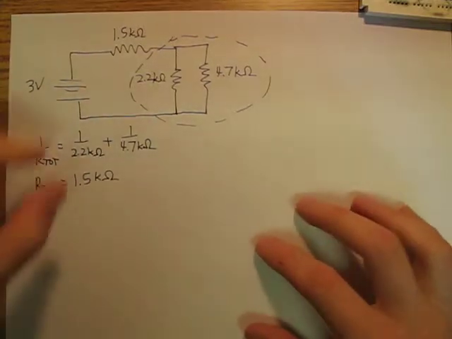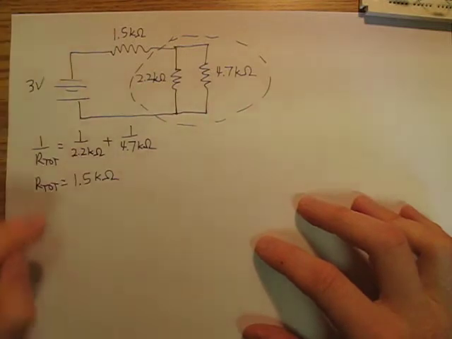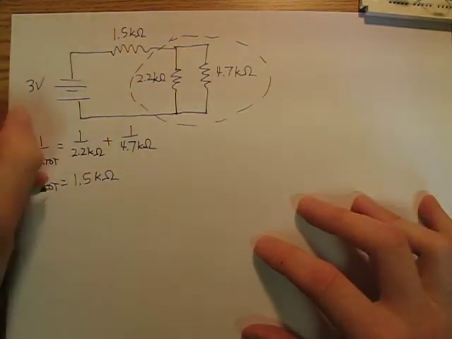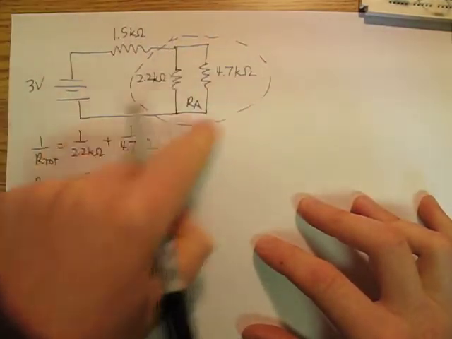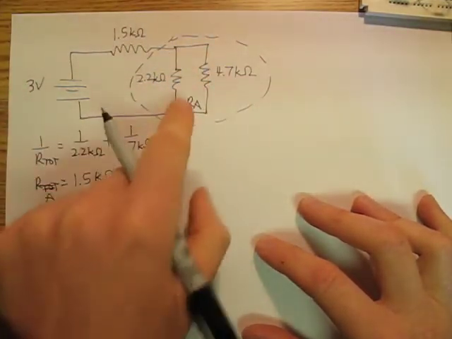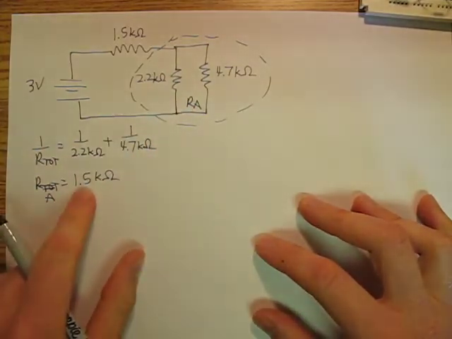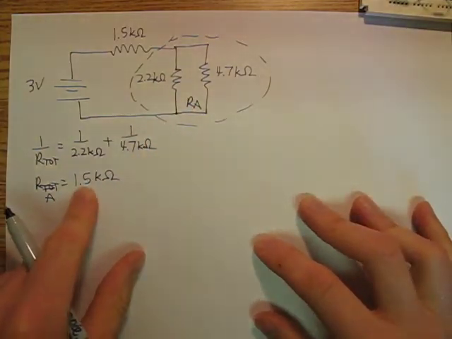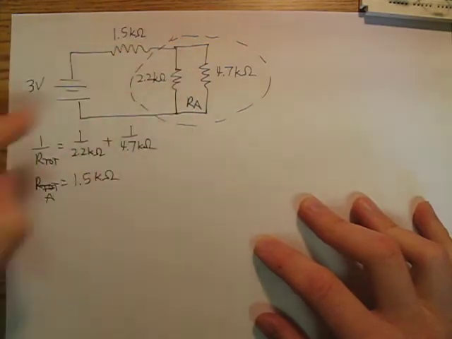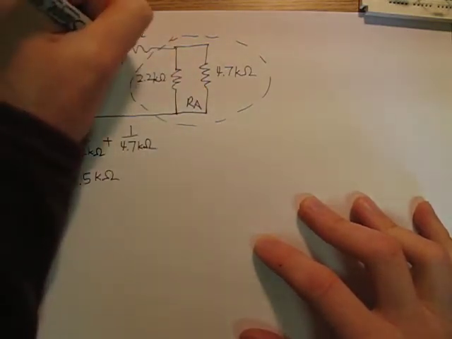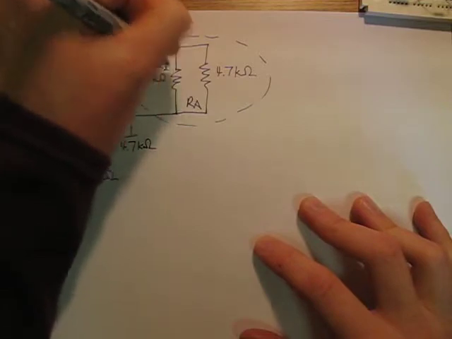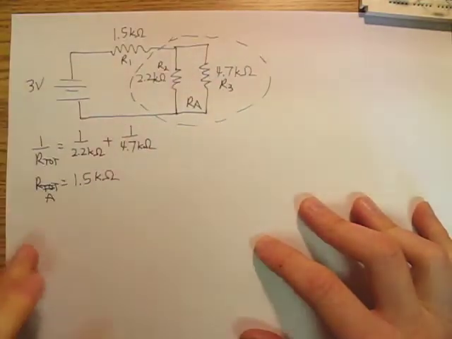Conveniently enough, let's call that RA. So I can think about these 2 resistors as a single resistor with a value of 1.5 kilo ohms. Now I'm going to add that in series. I'm going to say this is R1, R2, R3.